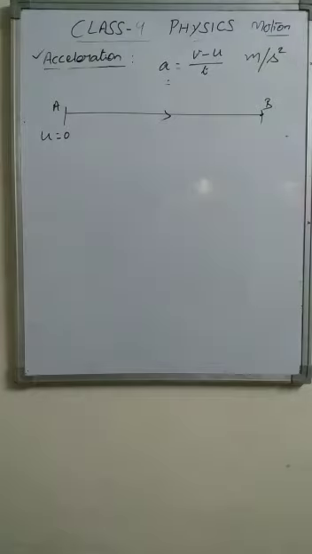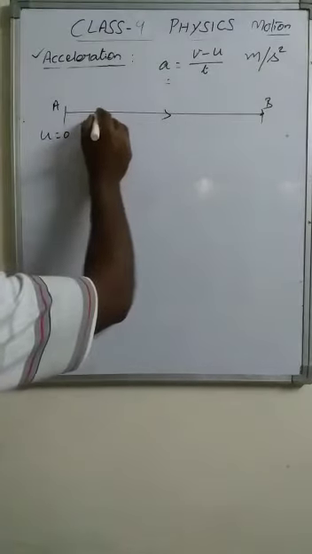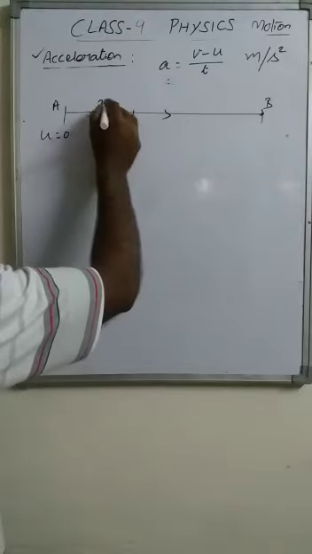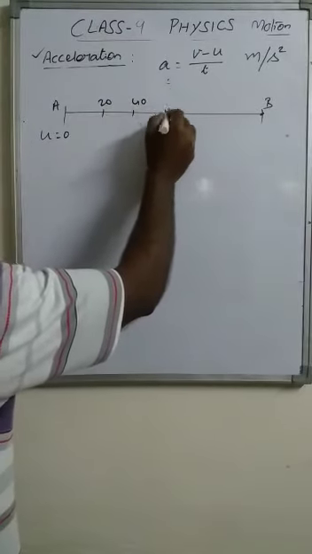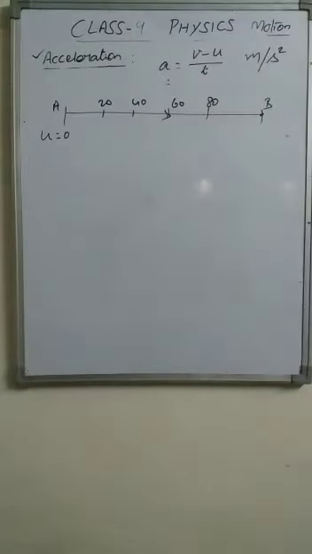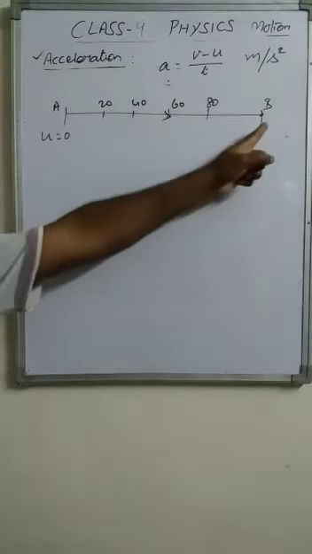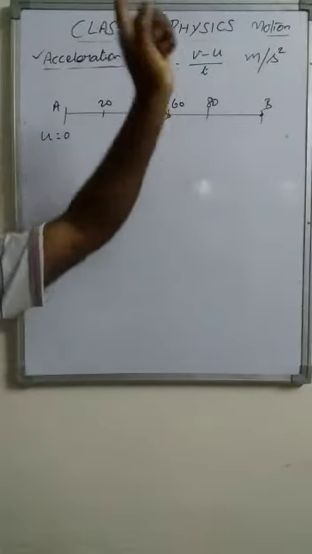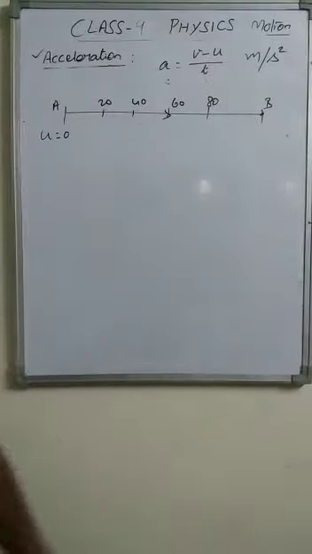While traveling in that vehicle, you see that the speed continuously increases. Suppose it is 20, 40, 60, 80, like this. By keeping the same direction, the speed is continuously increasing.